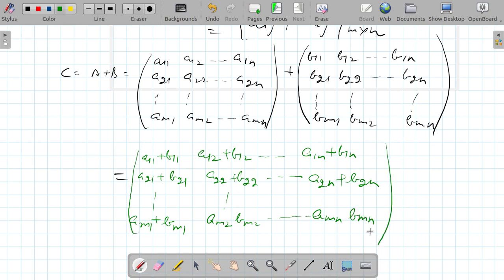Right? So this is the way we can look at matrix addition.